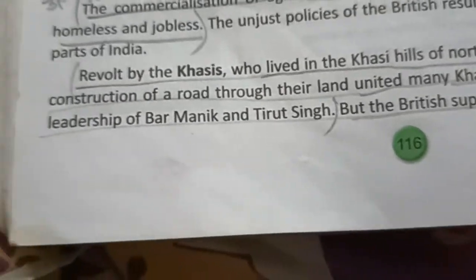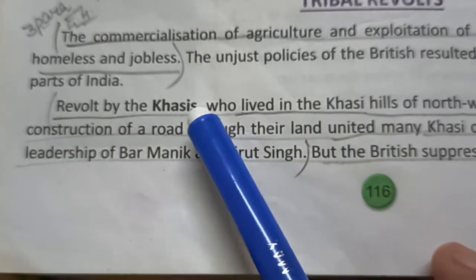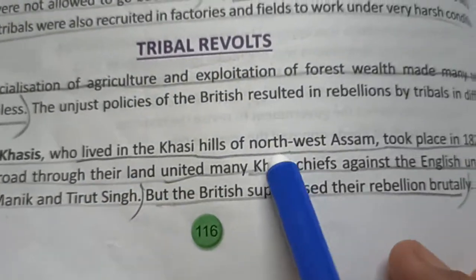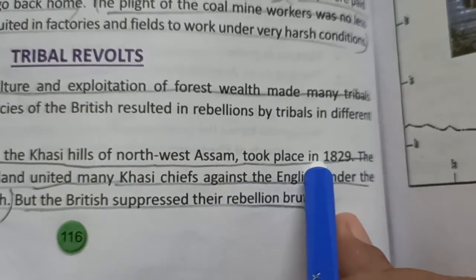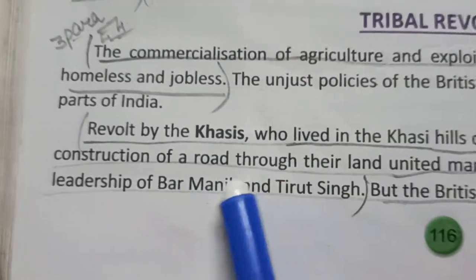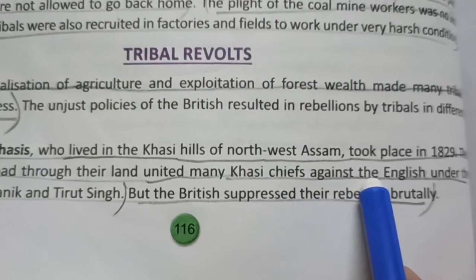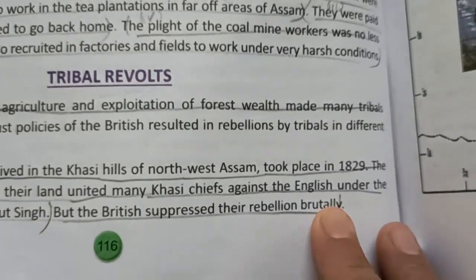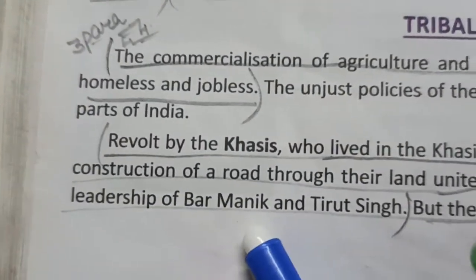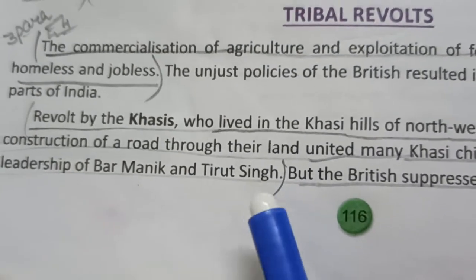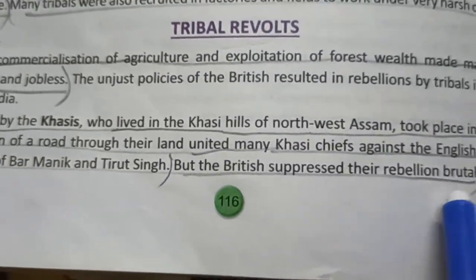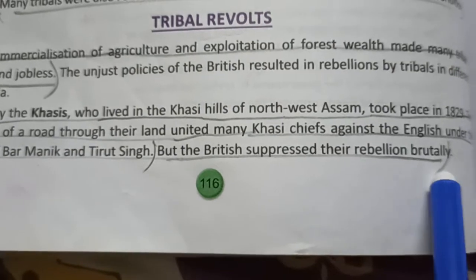So first revolt you can write, revolt by the Khasis who lived in the Khasi hills of northwest Assam took place in 1829. The construction of a road through their land united many Khasi chiefs against the English under the leadership of Bar Manik and Tirut Singh, but the British suppressed their rebellion brutally.